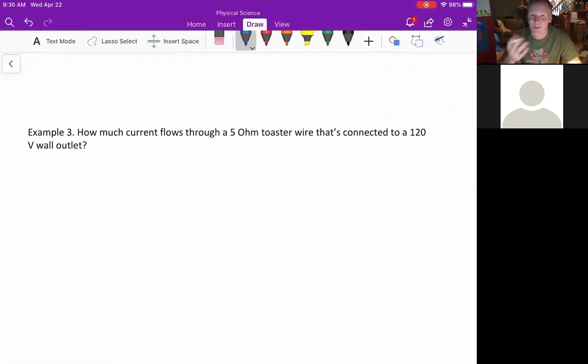All wires do, and it works like a light bulb. And then it's got a timer of some kind. So this toaster has a 5 ohm wire, ohms being a measure of resistance, connected to a 120 volt wall outlet. That is obviously V because it's volts, and I want to find how much current.